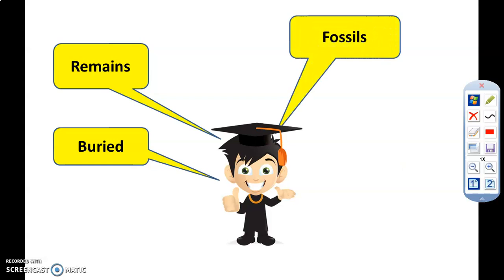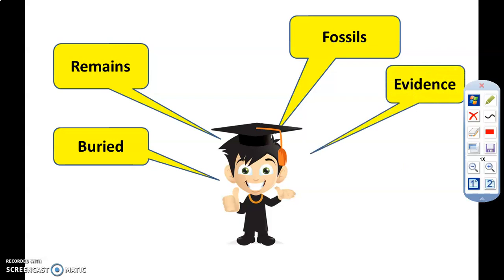The fossils are bones, skeletons, or shells which were preserved in rocks since a long time. Number 4, evidence. So an evidence is a reason to tell you that something is true or not true. And finally, fierce, we said it means aggressive, violent, or frightening, something that makes you scared.